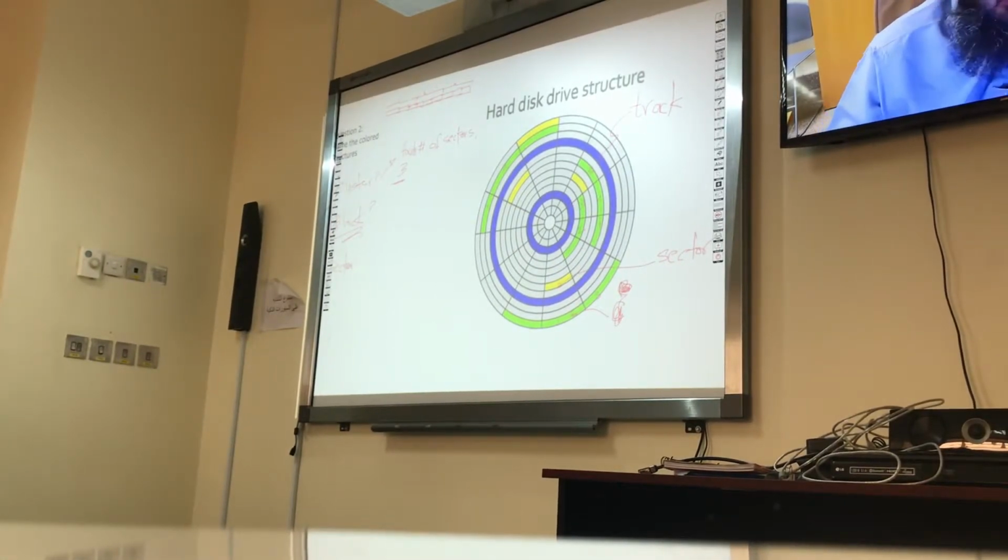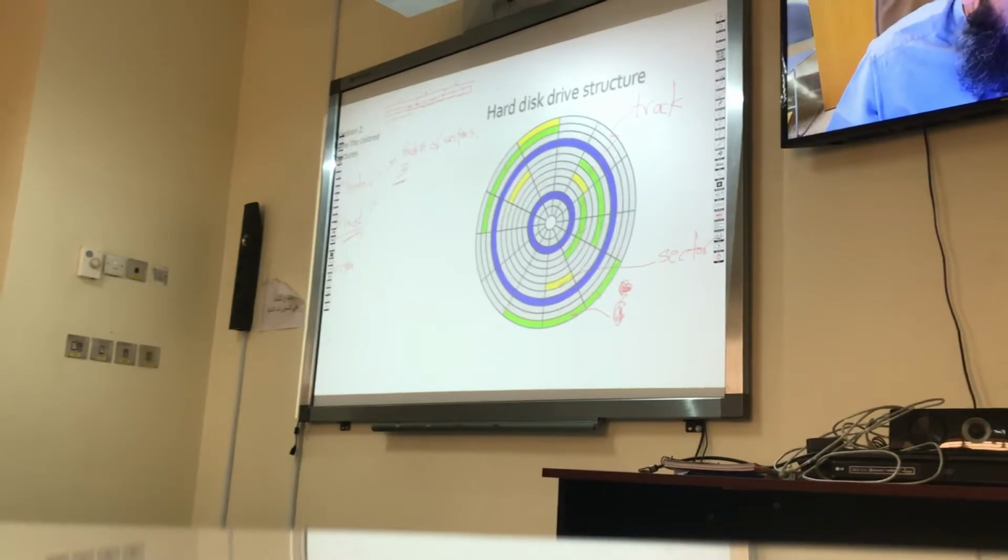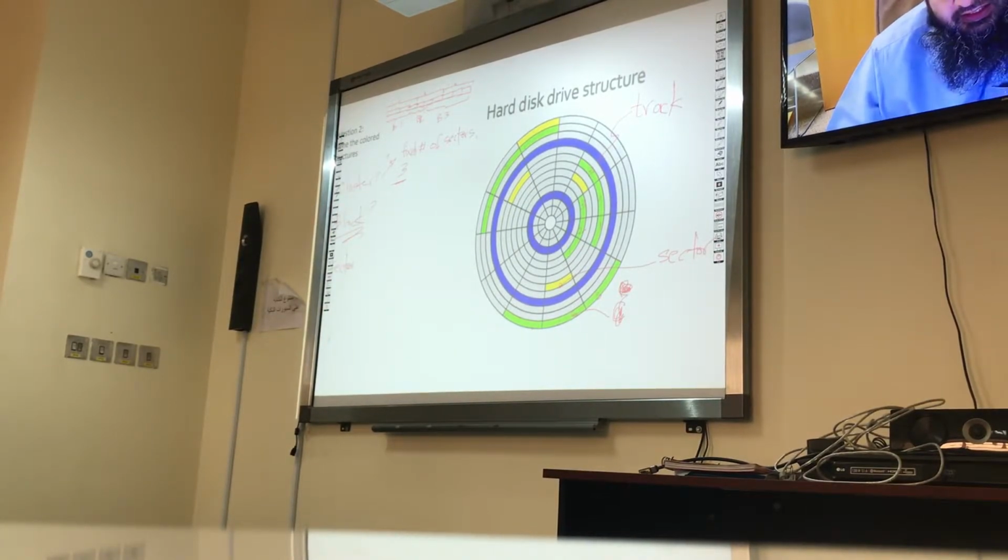A block is something created by software. It might be that the first 2.5 sectors are block 1. And then the next 2 are block 2. And then maybe all of these are block 3. Okay?